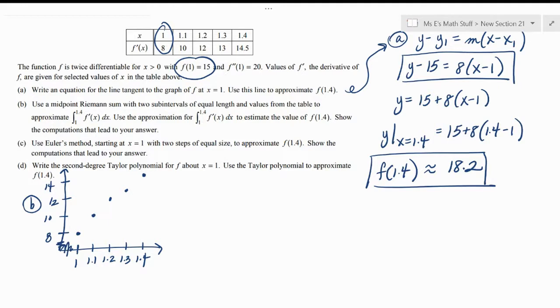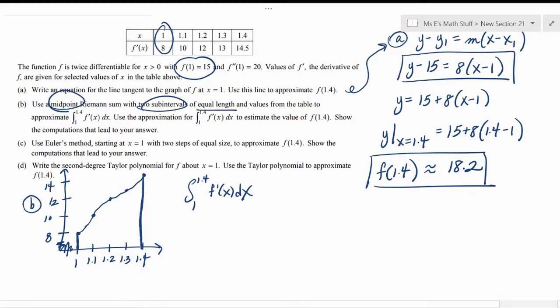And so the integral from 1 to 1.4 of f prime of x dx. Since we'll never know exactly what f prime looks like, let's say it looks like this, you're approximating the area of whatever that exact curve would look like. And they're asking you to use a midpoint Riemann sum with two subintervals of equal length.